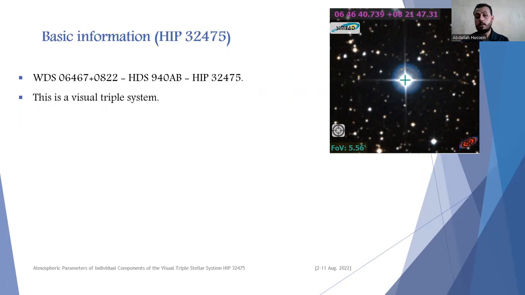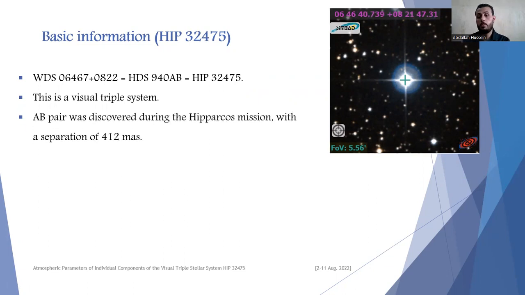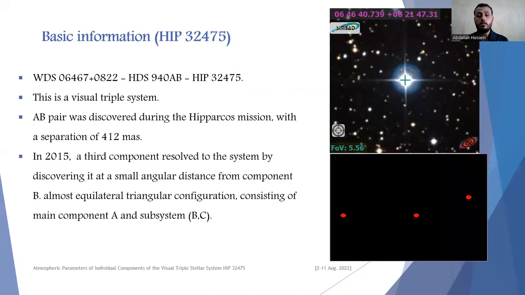This is a visual triple stellar system. The AP pair was discovered in the Hipparcos mission in 1991 with a separation of 400 milliarcseconds. In 2015, the third component was resolved by discovering a small angular distance from component P, an almost equatorial triangular configuration consisting of the main component A and the subsystem PC.